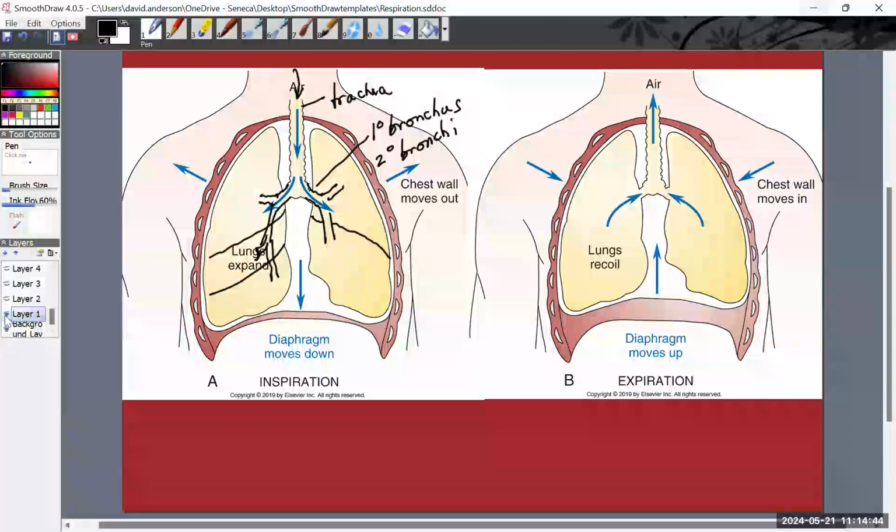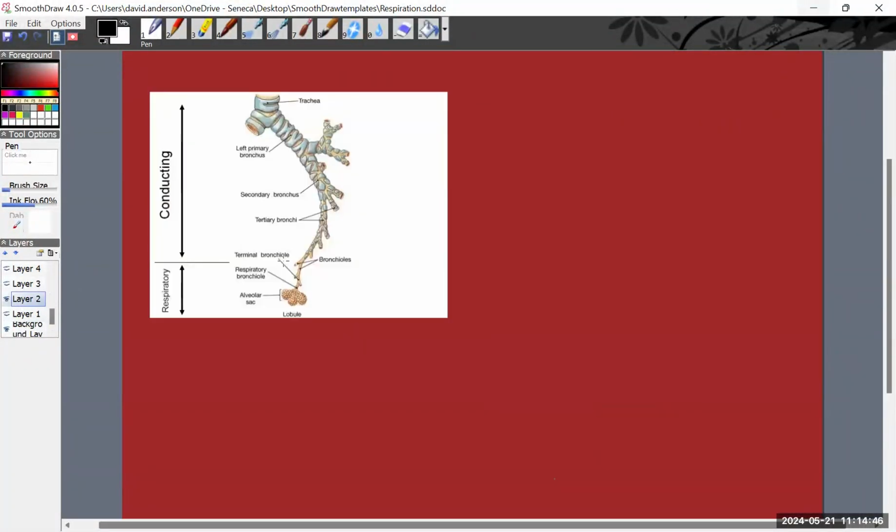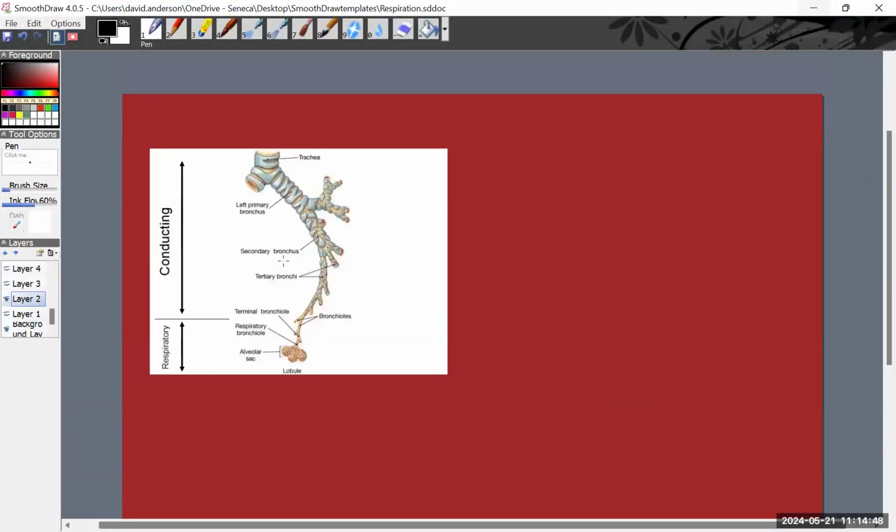So the bronchial tree looks a little bit like this. Now, I don't know how big this shows up. At home on your computer, are you able to read the words that are describing the features of this tree, this branching? Can you read trachea? Okay. Yes.